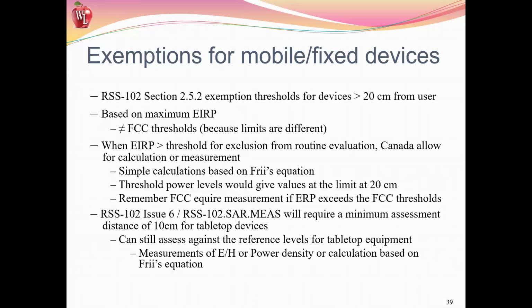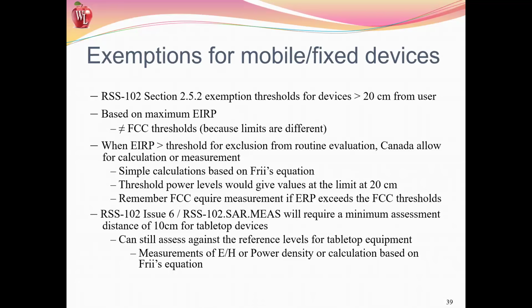Normally, if you're doing MPE, they look at 20 centimeters. They don't care that your device complies at 4 centimeters or 6 centimeters. It's a mobile device and you're not supposed to be within 20 centimeters.